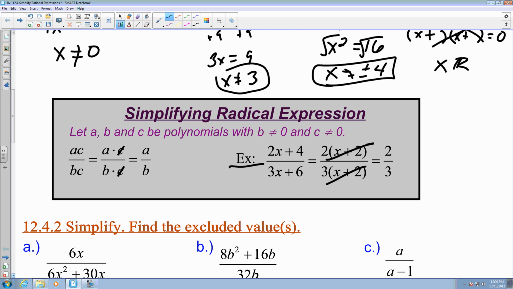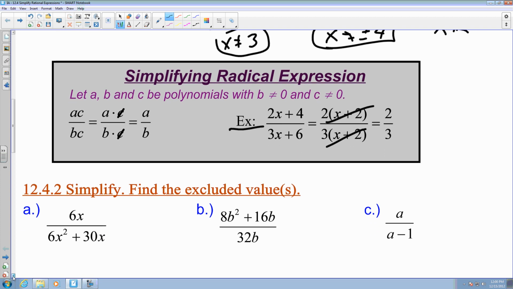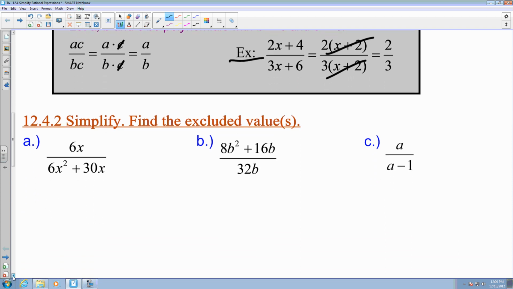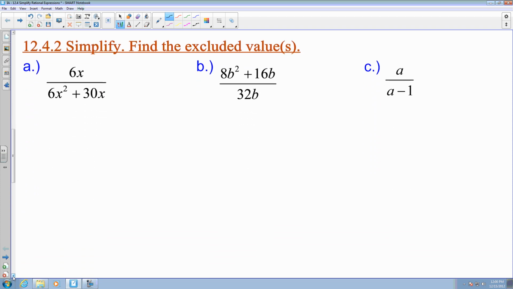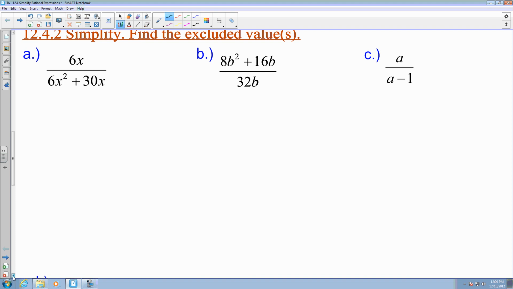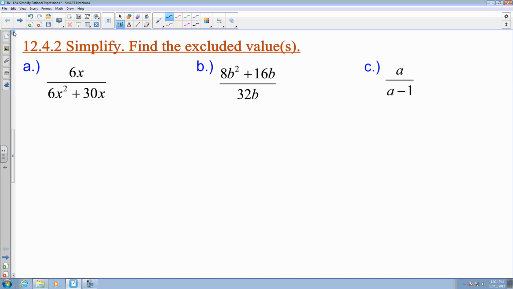Okay? So here, for these examples, they want us to simplify, plus they want us to find the excluded values. First off, I'm going to simplify.